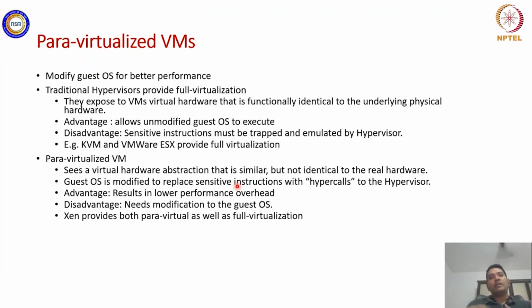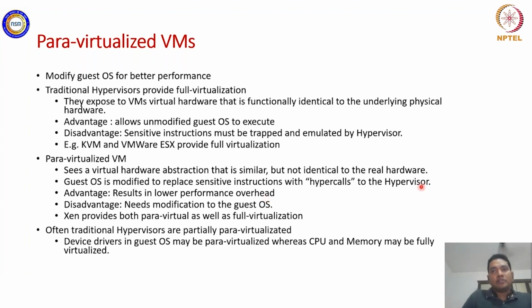Rather, it can capture some set of sensitive instructions through these hypercalls. So this hypercall interface that we have seen will come into the picture now for these para-virtualized virtual machines. And providers like Xen provide both para-virtual as well as full virtual machines for the users.